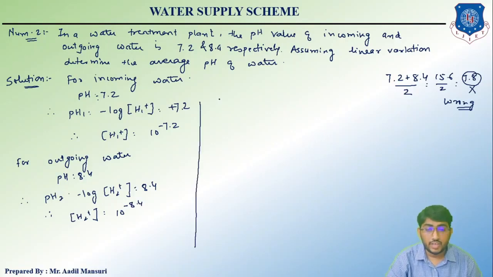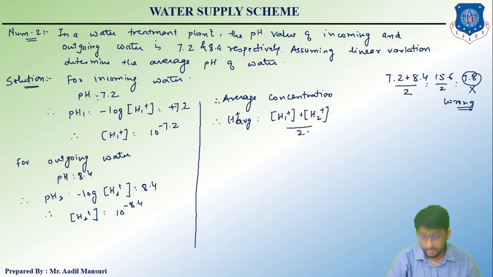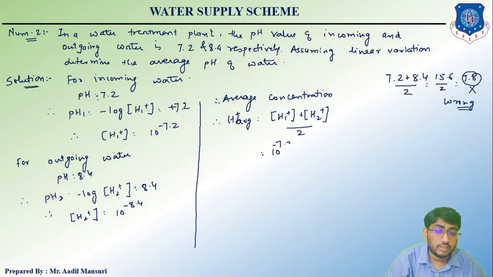So now the average concentration. H plus average will be equal to H1 plus concentration plus H2 plus concentration divided by 2. That is 10 to the power minus 7.2 plus 10 to the power minus 8.4 divided by 2.